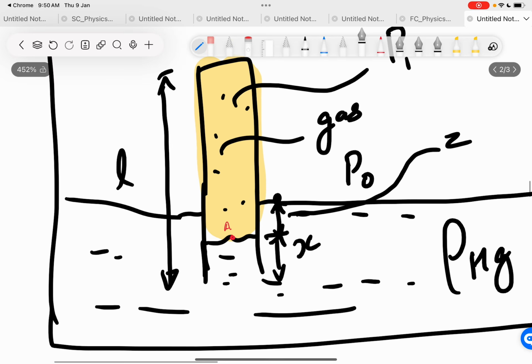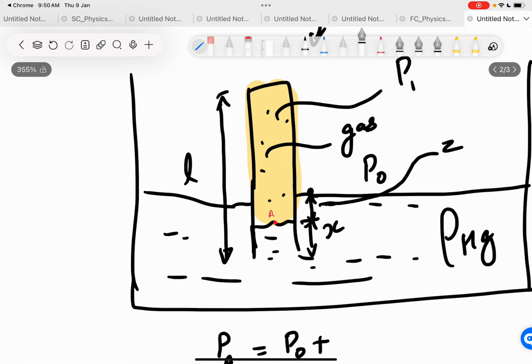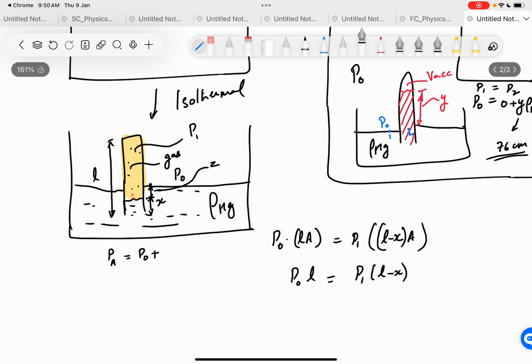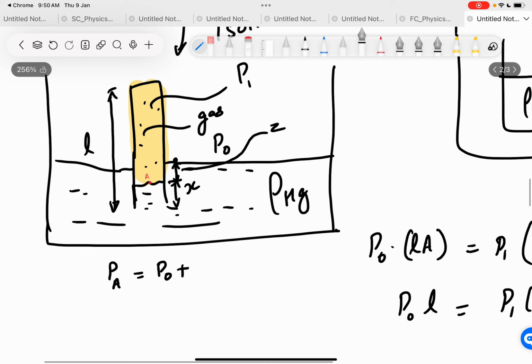We can't say that it is L minus X, because that would be the length of the tube which is above A. So for now we'll just write it as P naught plus Z multiplied by density of the mercury multiplied by G itself, right?